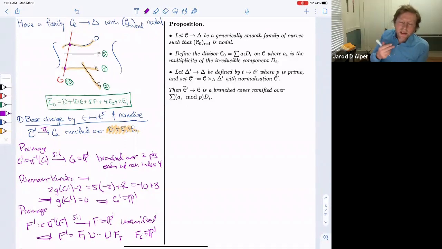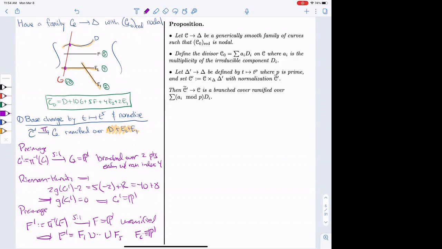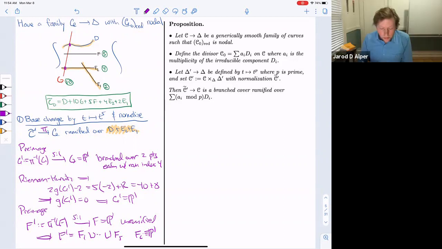Oh, sure. I just did it set theoretically. I'm not including the index there. Correct. So the index is 0 when p divides the multiplicity, and otherwise it is 1. Do you want me to write union instead of plus there? Like it's ramified over the union of D, E2, and E1. Yeah, I agree with what you're saying. I understand, but I don't really have anything more to say there.